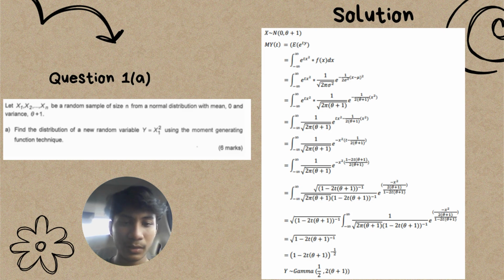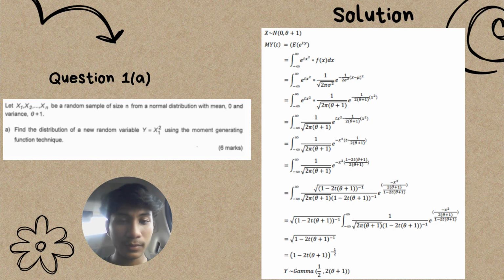And we will get the square root of (1 minus 2t times theta plus 1) to the power of negative 1, times the integration of 1 over square root 2 pi times theta plus 1 times (1 minus 2t times theta plus 1) to the power of negative 1, times exponent of negative x squared over 2 times theta plus 1 over (1 minus 2t times theta plus 1).